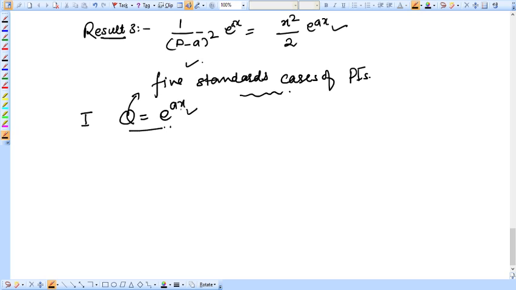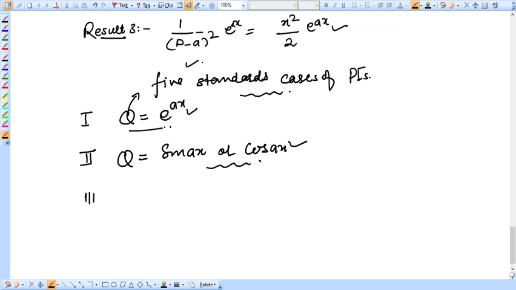In the second case, or second rule, we will discuss how to solve the non-homogeneous linear differential equation with constant coefficients when Q is equal to sin ax or cos ax.